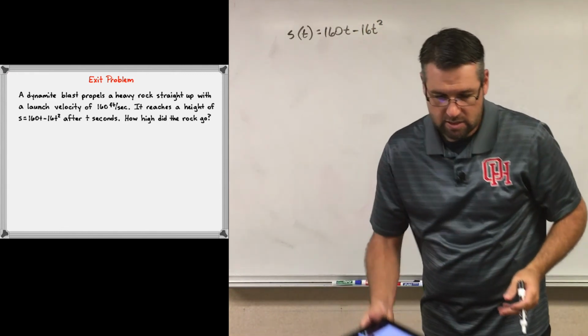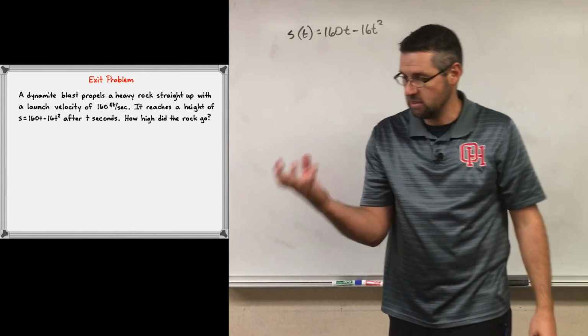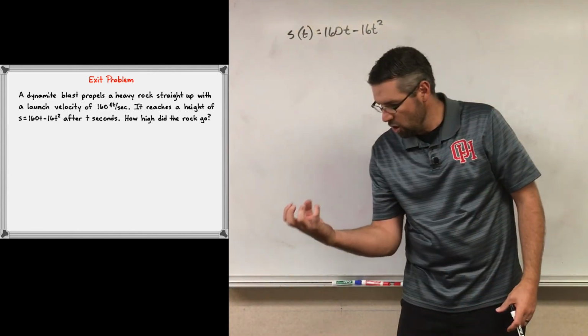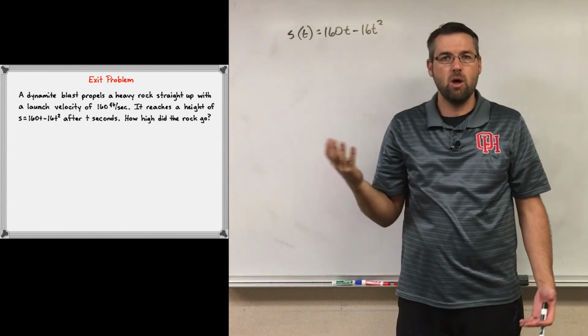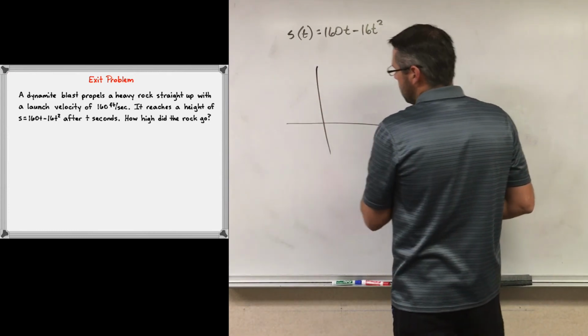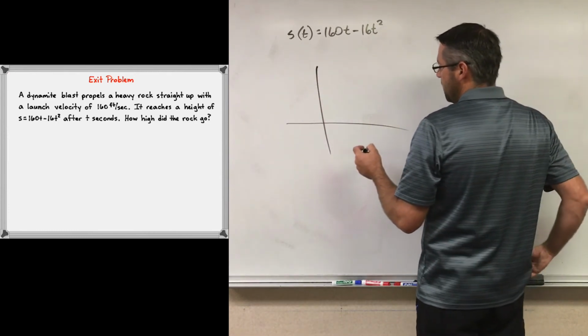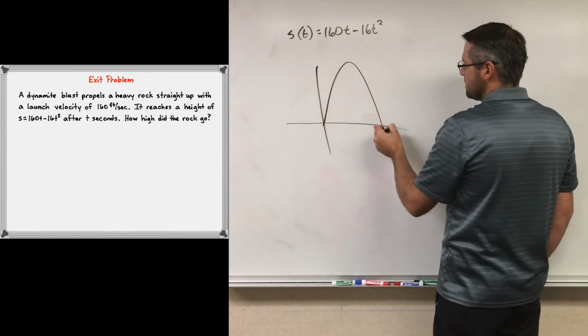How high did the rock get? So a dynamite blast blows up, and this rock goes up into the air, and then it comes back down. Well, it follows a parabolic path. So if you were in Math 2, or in Algebra 2 or Algebra 1, depending on where you learned it, you would see a parabola that looks something like this, right?